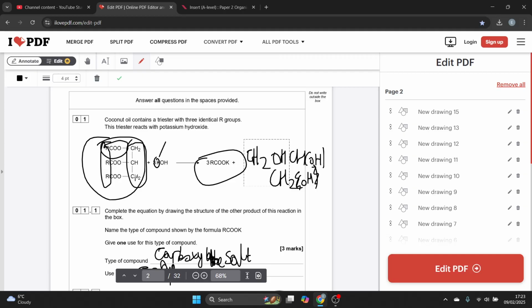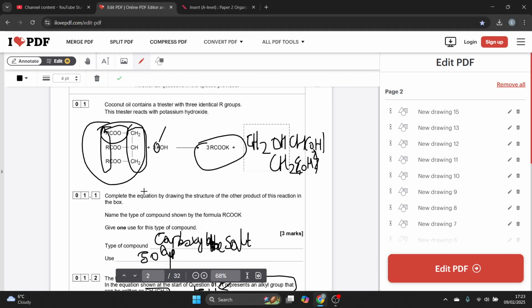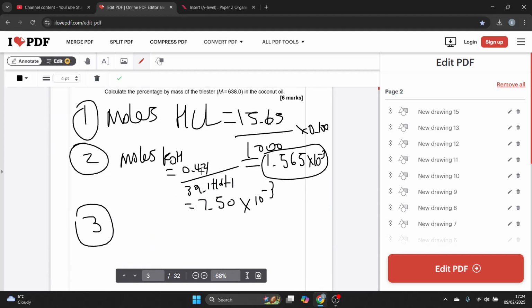So I worked out the moles of HCl, I worked out the moles of potassium hydroxide, and that would get me 2 marks. So 2 out of 6, 1/3 of the marks, very nice.